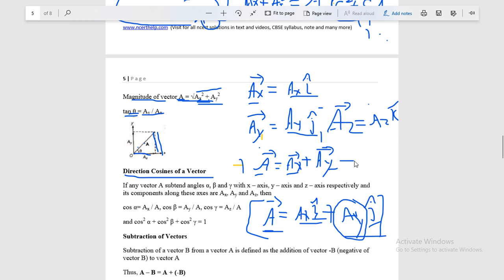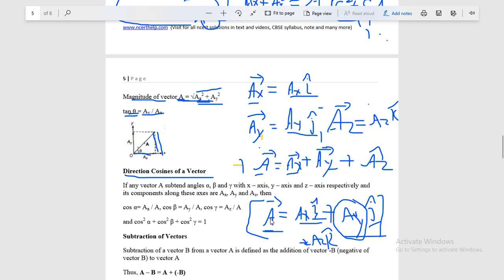You add here ax i plus ay j plus az k. So you will get vector a is equal to ax i plus ay j plus az k. So this one is a vector in 3-dimensional form.